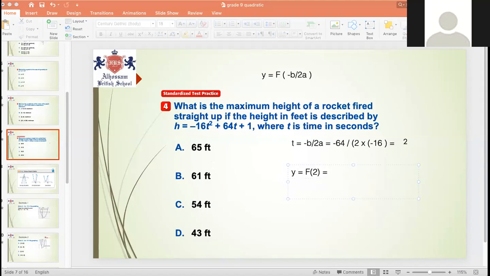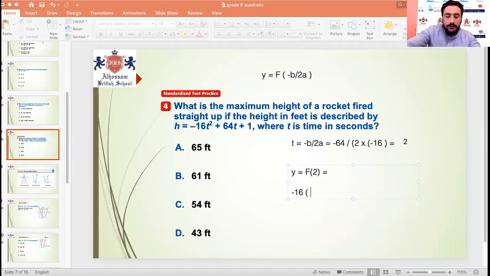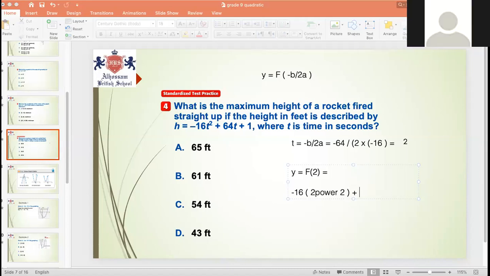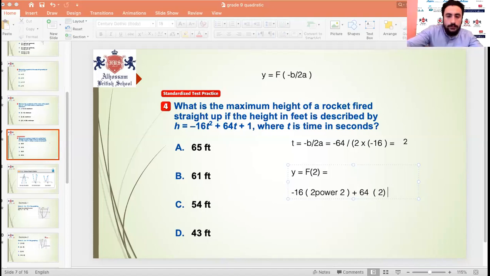So it's negative 16 times 2 power 2, plus 64 times 2, plus 1. 2 power 2 is 4, 4 times 16 equals 64.